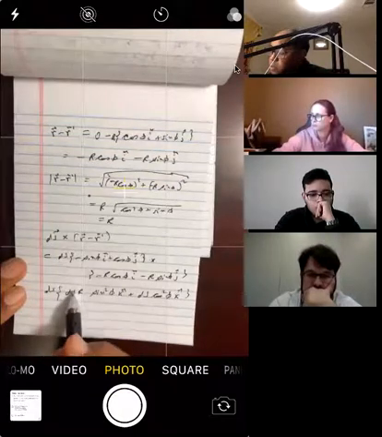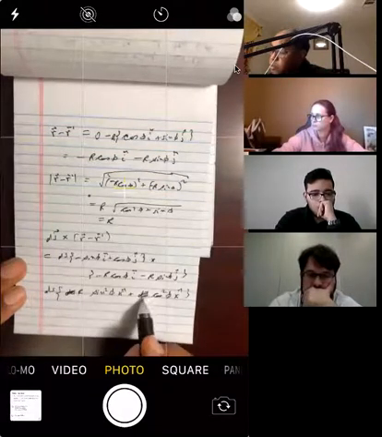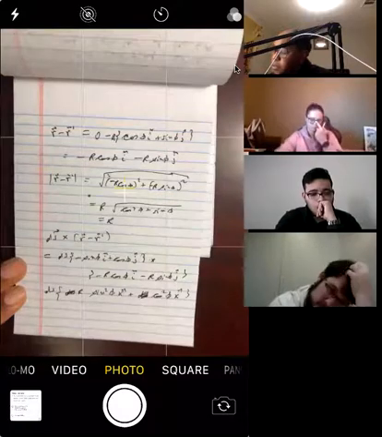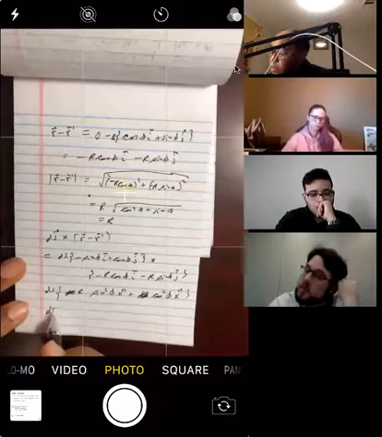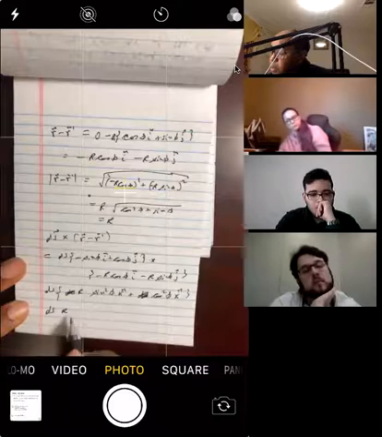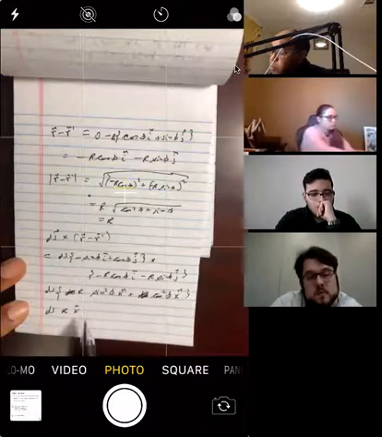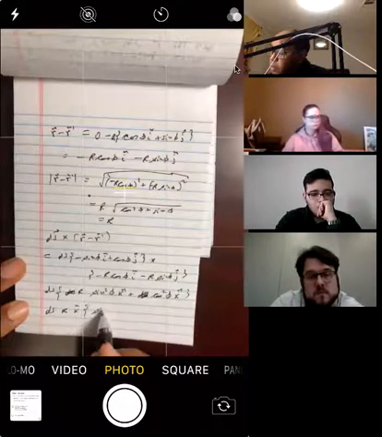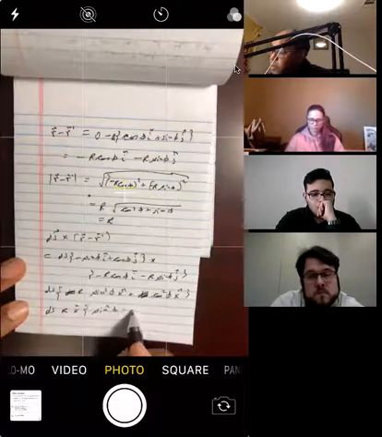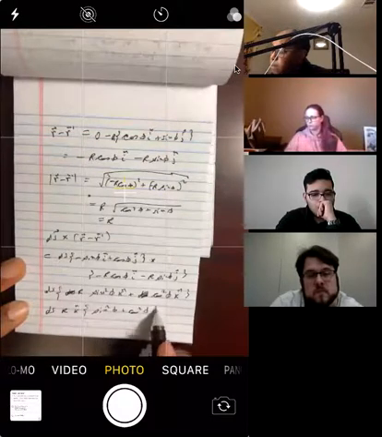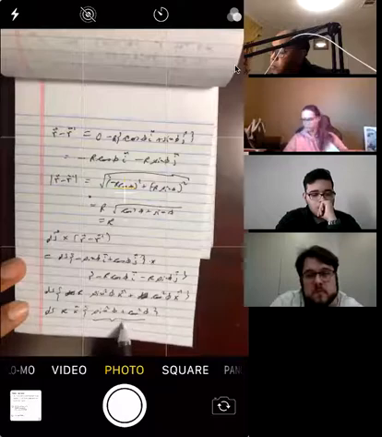I factor out ds. So we get ds times r, and k is a constant, so we can factor it out. And then you've got sine squared phi plus cosine squared phi. What's this equal to? 1.